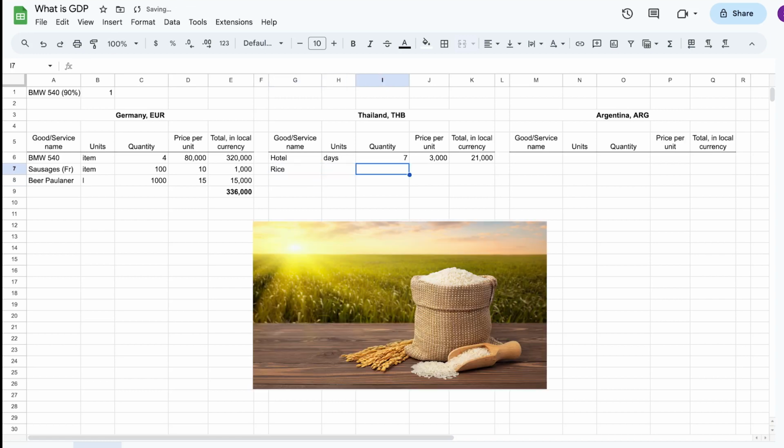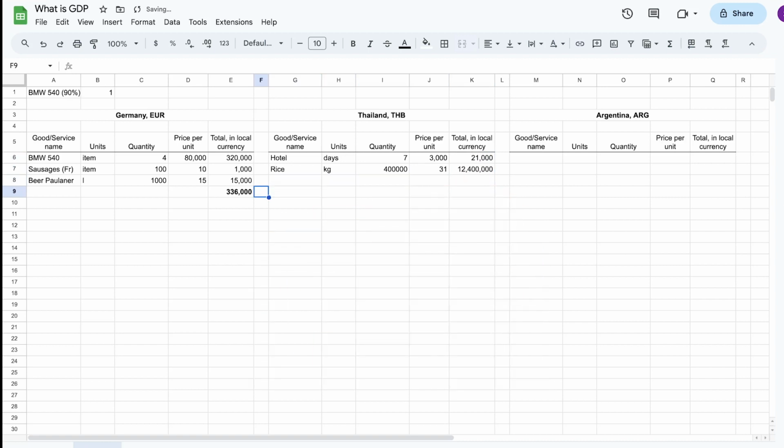The price of it is 31 Thai baht per kilogram and 12,400,000 Thai baht in total. Therefore, Thailand's GDP in this example is 12,421,000 Thai baht.